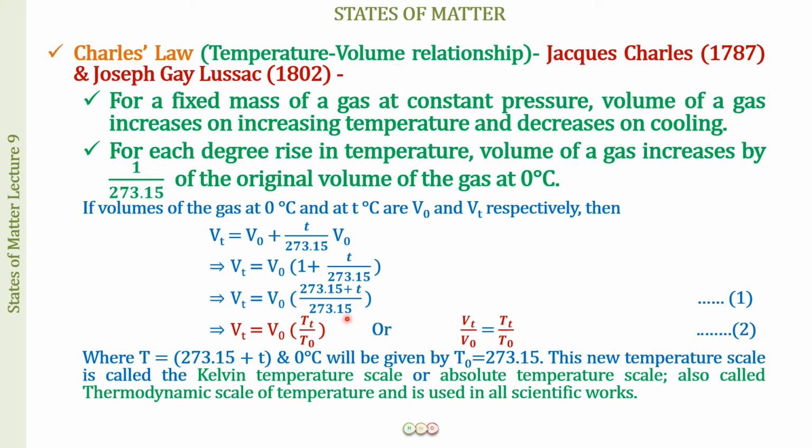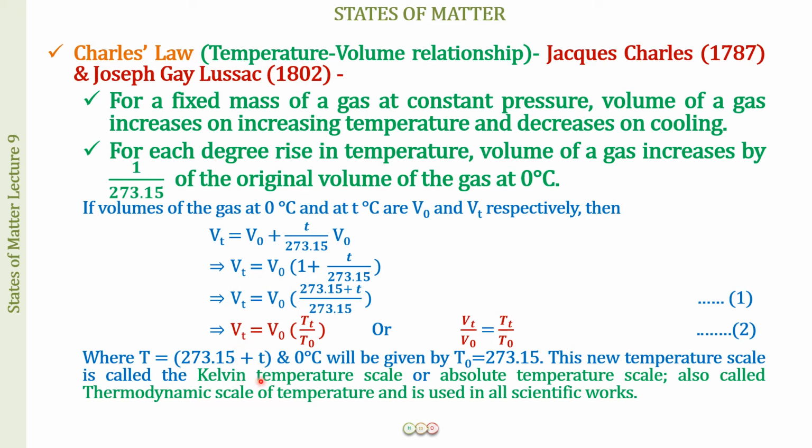And now this is also clear to you how we have got the relationship of the Kelvin scale and the Celsius scale. On the Kelvin scale, the temperature is going to be equal to 273.15 plus the temperature on the Celsius scale.